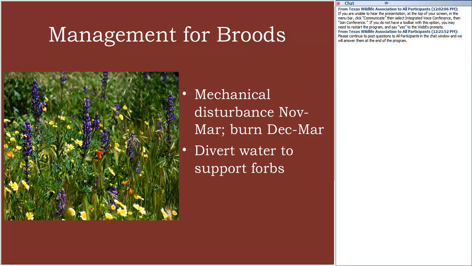You can also divert water to some specific areas of the property in order to support really thirsty forbs. That may be as simple as digging a ditch alongside a road and channeling the water off to some specific area. We have a really great YouTube video on our channel called Quail Oases, which goes into some detail about this. And some people also choose to construct food plots on their property.